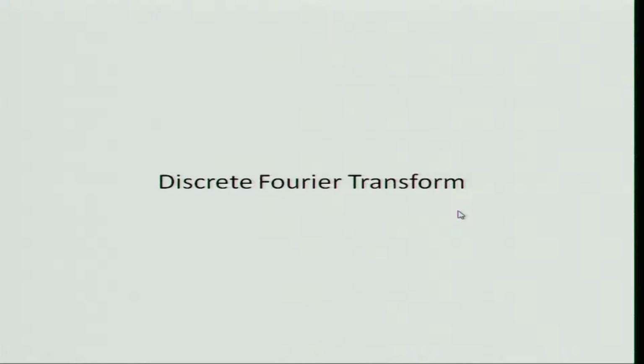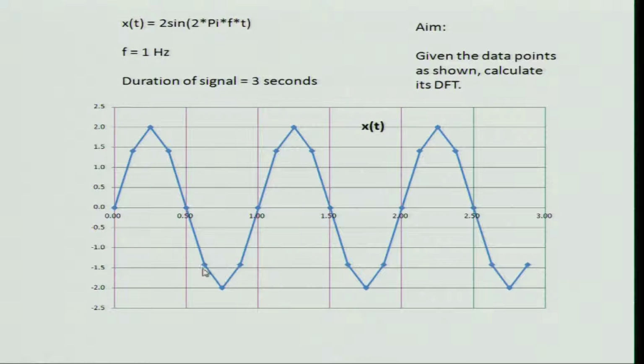These are the points which we have generated, and using these values, so this is x0, this is x1. So these individual points are values of xn. So this is x0, this is x1, x2, x3, x4, so on and so forth. And as I go on for 3 seconds, this is my x23. I have a total of 24 points, but because my numbering starts from 0, I end up with x23.